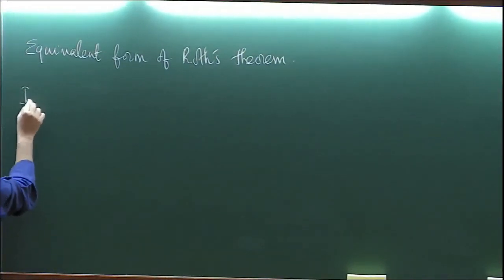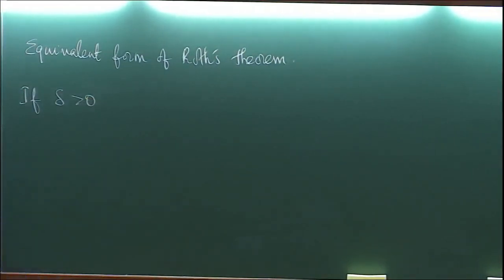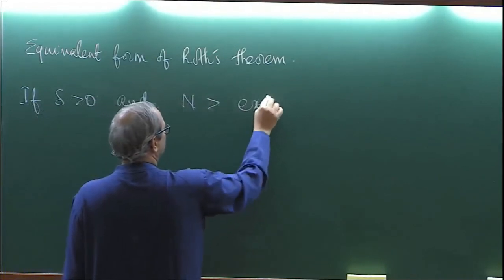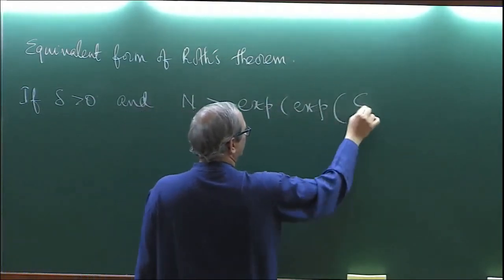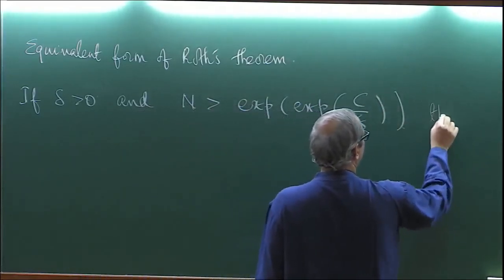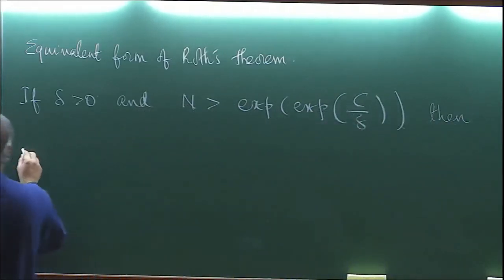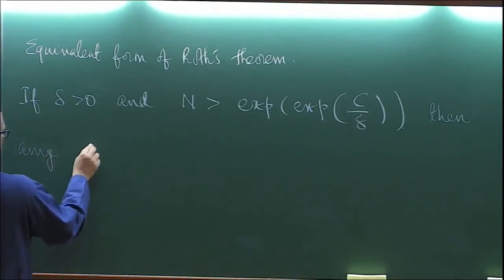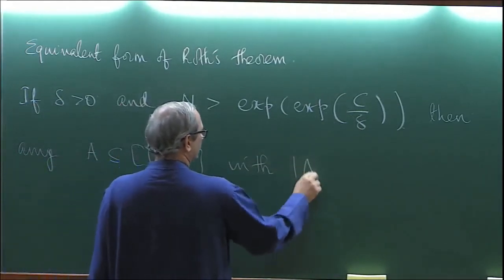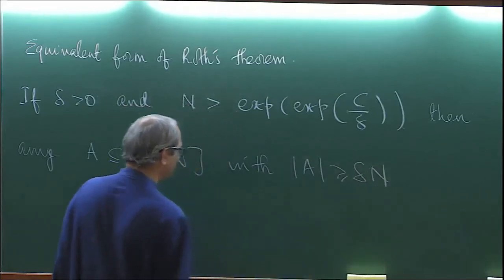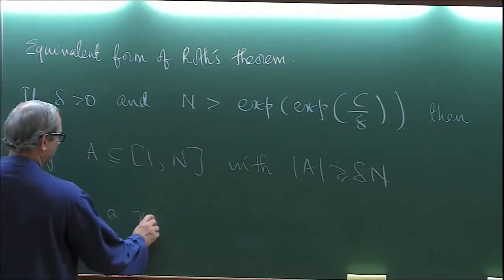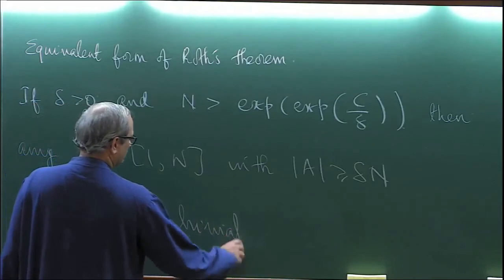So if delta is positive and n is greater than exponential constant by delta, then any A contained in 1 to n with cardinality A greater than delta n contains a non-trivial 3-term AP.